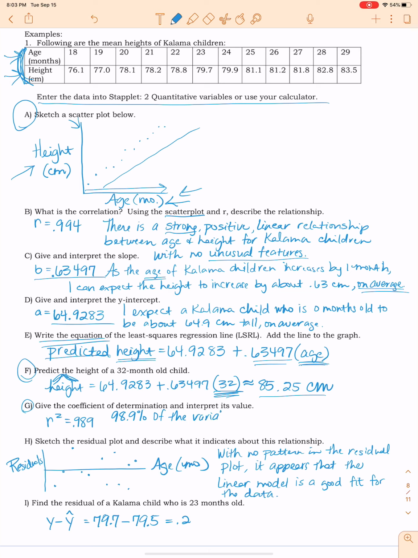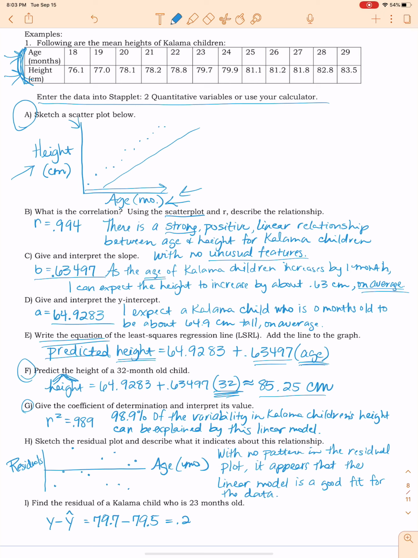of the variability in Kalama children's height can be explained by this linear model.